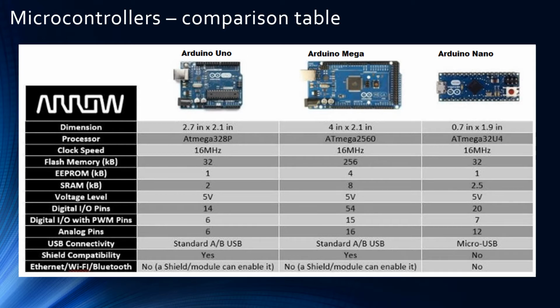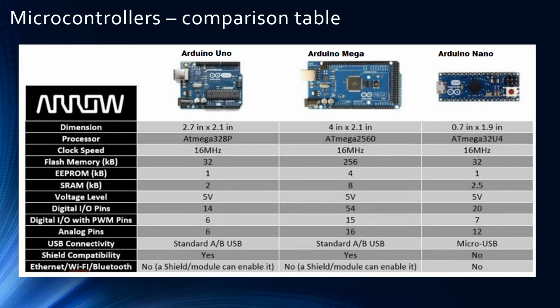But if you have to connect 25, 30, 35 outputs or inputs, then you have to buy Arduino Mega. For me, as long as it is possible, I prefer using Arduino Nano because of the form factor, because it is small and easy.